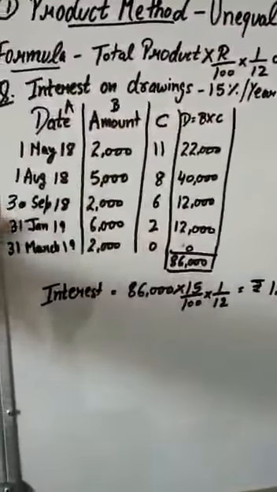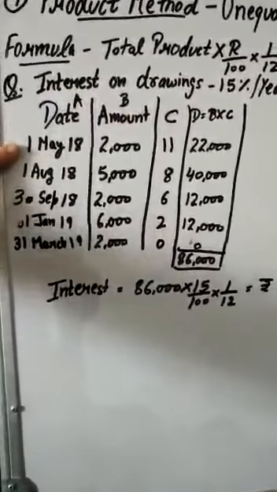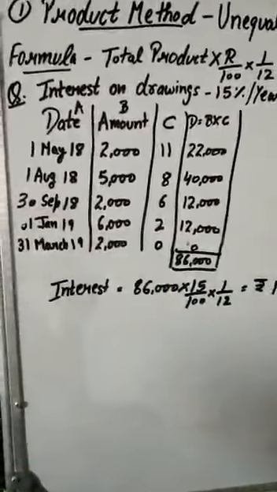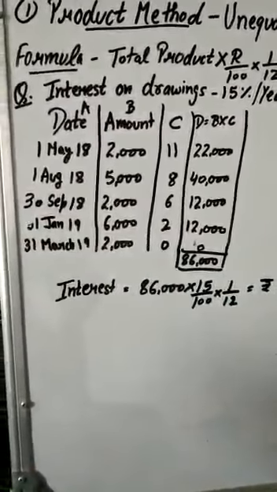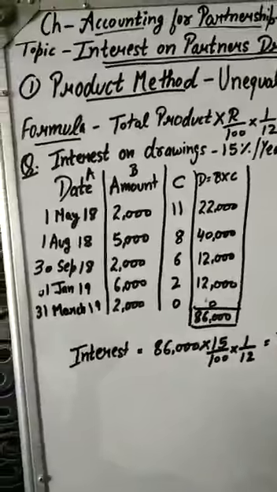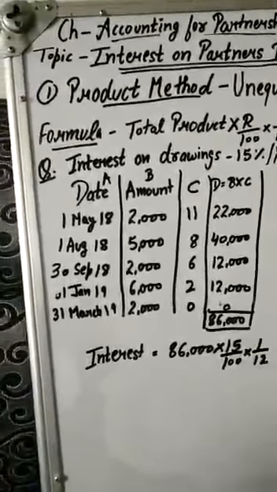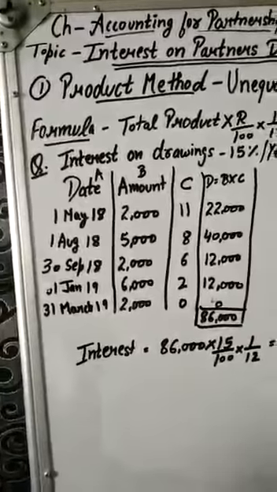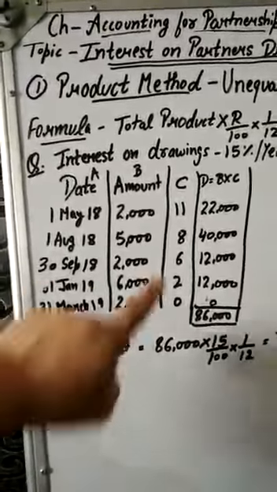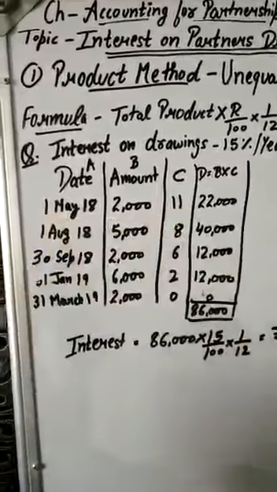Then how many months has he used this money withdrawn on 1st May? May, June, July, August, September, October, November, December, January, February and till March, he has used that money for the period of 11 months, right?